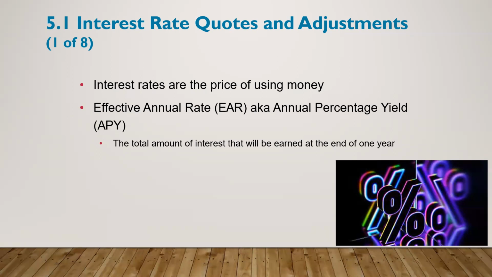So the effective annual rate, aka annual percentage yield, which is APY, they're usually considered almost the same. So it is the total amount of interest that will be earned at the end of 1 year.